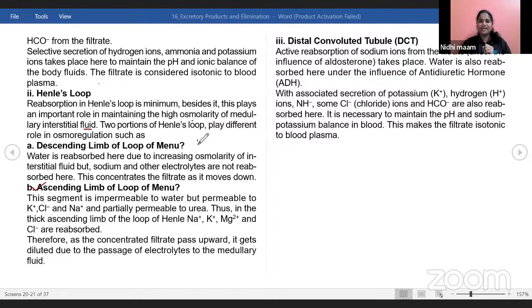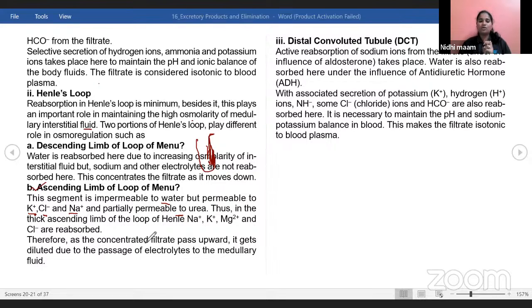The ascending loop is at the top, coming like this; this is called the ascending loop. Here the segment is impermeable to water. This segment does not take water in. It is impermeable to water but permeable to ions like potassium, chlorine and sodium, and partially permeable to urea. Thus, in the thick ascending limb of the loop, sodium, potassium, magnesium and chlorine are reabsorbed.